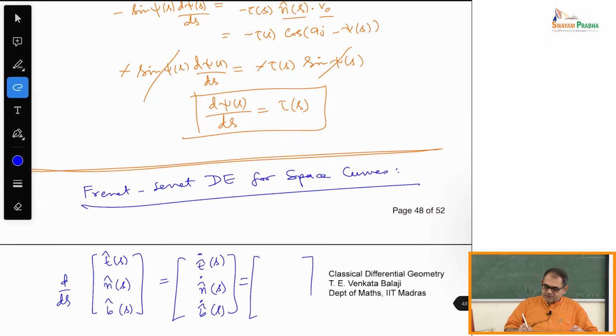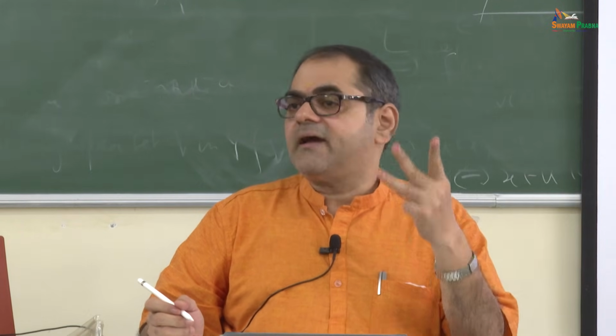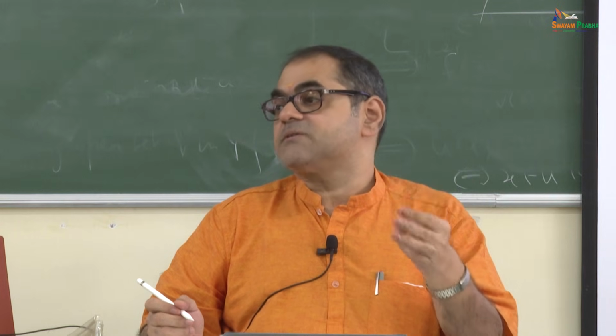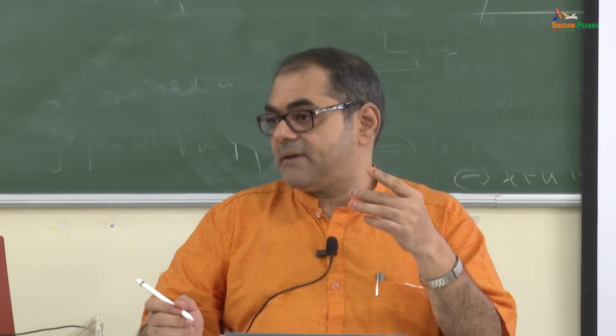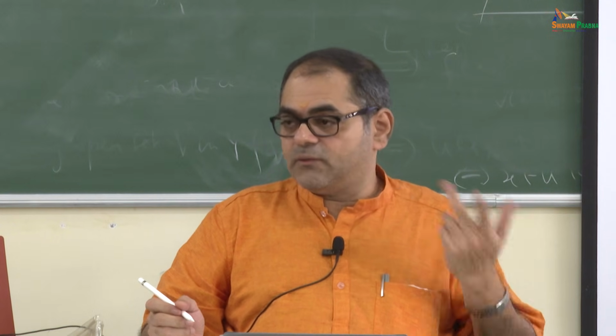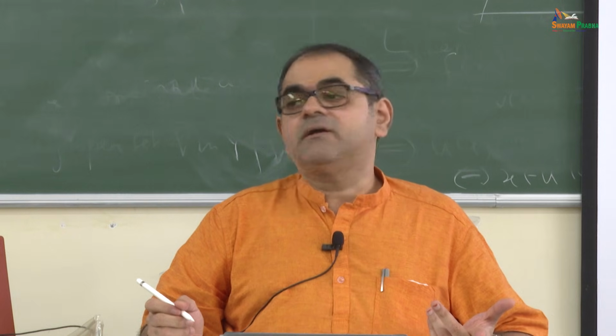So here's the differential equation. Mind you, t cap dot, n cap dot, b cap dot are three vectors, and they can also be resolved in terms of t cap, n cap, b cap, because t cap, n cap, b cap is already an orthonormal frame. Any vector in 3-space can be resolved in terms of three linearly independent vectors, and in this case you have three mutually orthogonal vectors.